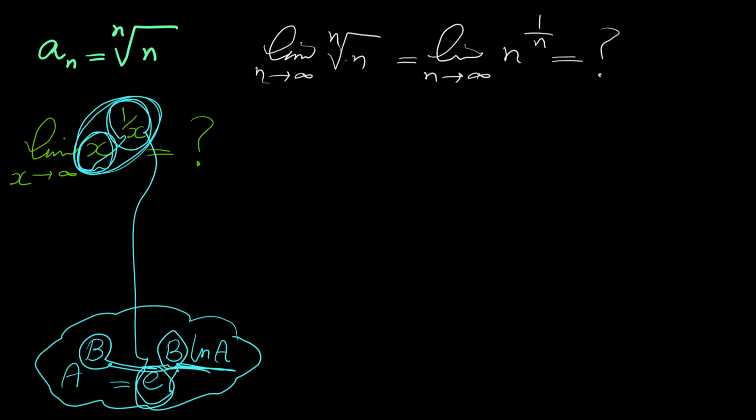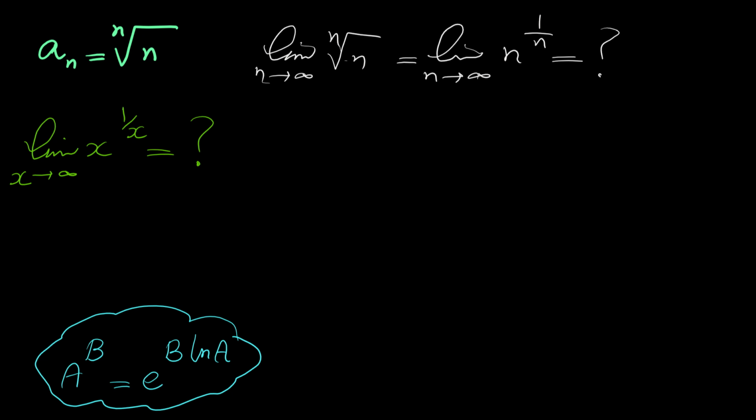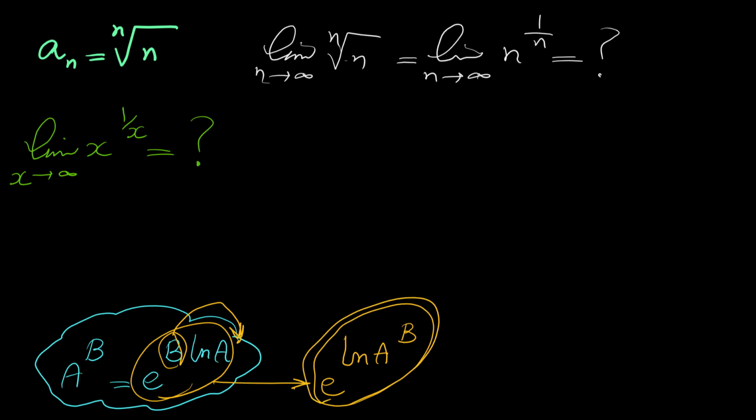First of all, let me give you a reason why this relation is true, if you want to know the reason. Note that we can write this in the form of e to the power of ln of a to the b. We can move this b to the power of a. This is one of the properties of the log function. Now look here.